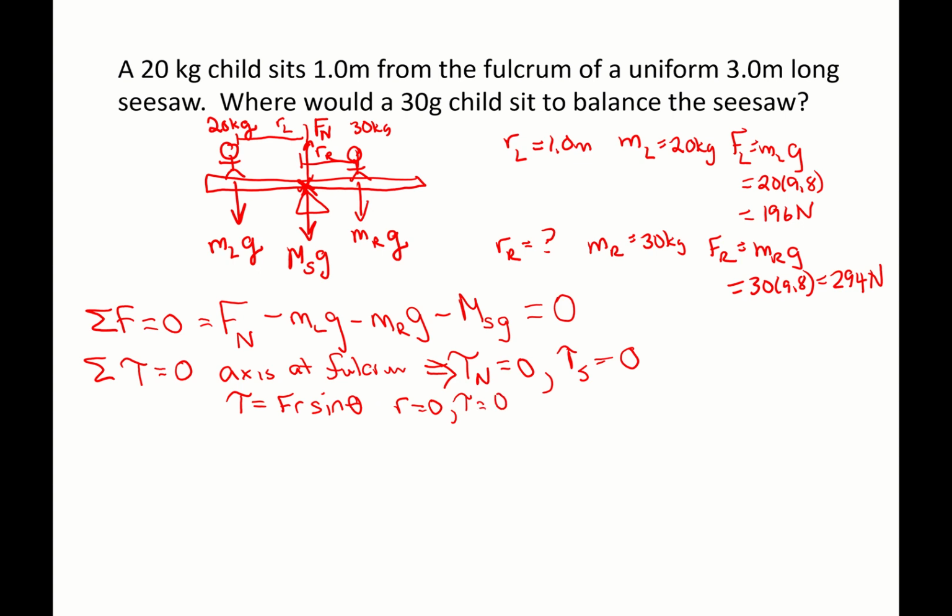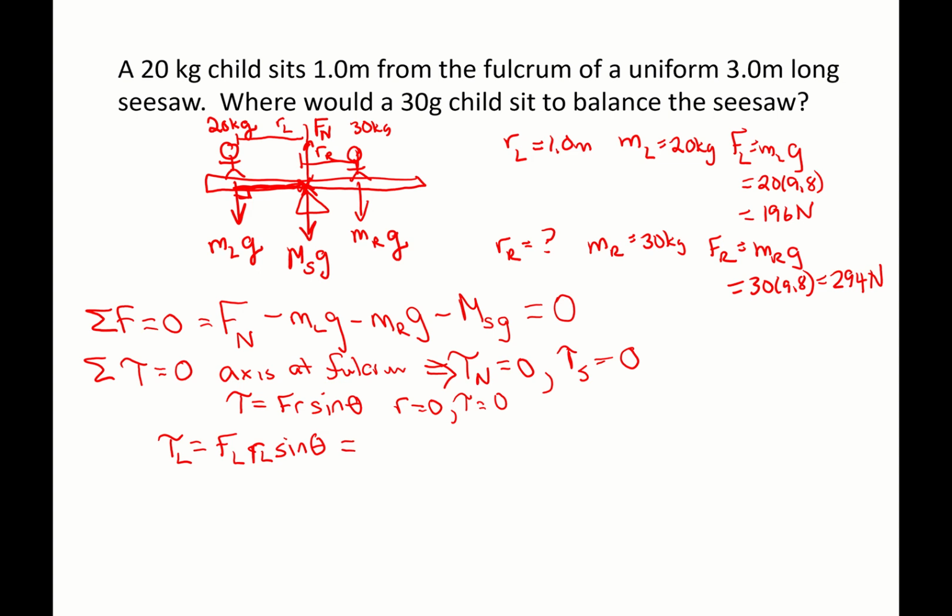Okay, so we're only going to have two torques here, one from the left and one from the right. So let's do that. So torque from the left is the force from the left times the distance from the left times sine of theta. What's the angle? Well, the angle is going to be the angle between R and F. And if you look at the picture, R is horizontal, the force is vertical, so it's going to be 90 degrees.